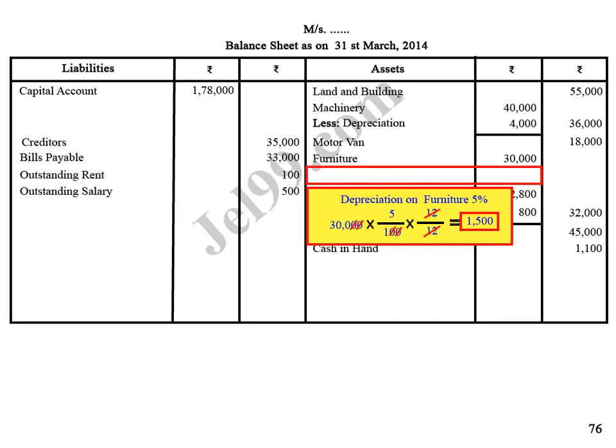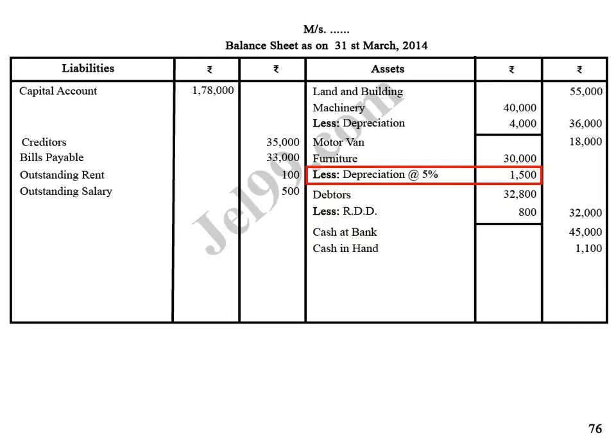Its first effect, less from furniture as depreciation ₹1,500, so 30,000 less 1,500 is equal to ₹28,500, because depreciation is a reduction in the value of fixed assets, hence it is reduced from fixed assets.